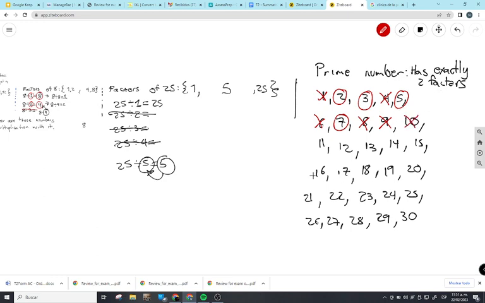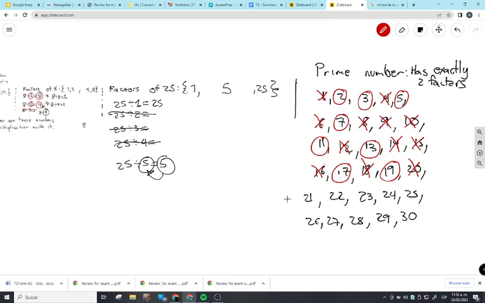10 is not a prime number, 11 is, 12 not, 13 yes, 14 not, 15 not, 16 not, 17 yes, 18 not, 19 yes, 20 of course not, 21. Think about it for a second. Is it a prime number or not?